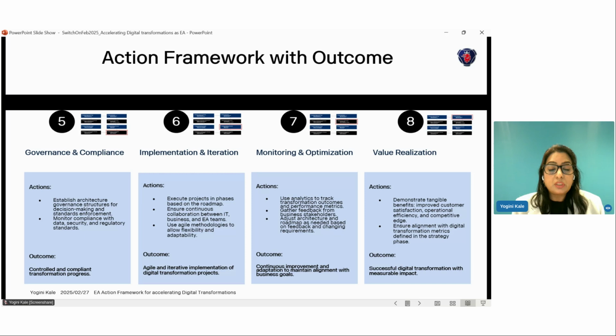At this stage, I think the very important action from the enterprise architecture perspective would be to ensure continuous collaboration and communication between IT, business, and enterprise architecture teams, and try to incorporate agile methodologies, adaptability and flexibility to make sure that we are also incorporating any changes that would be required for the success of the transformation.